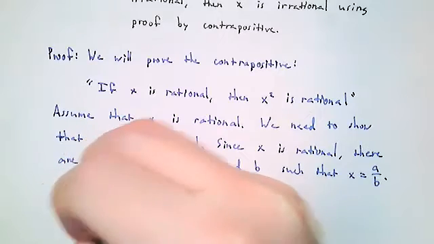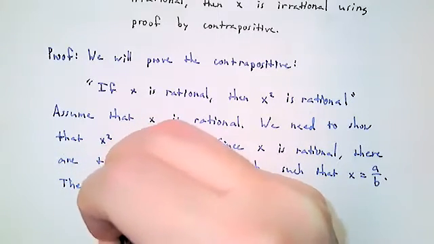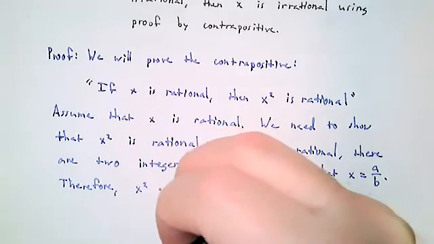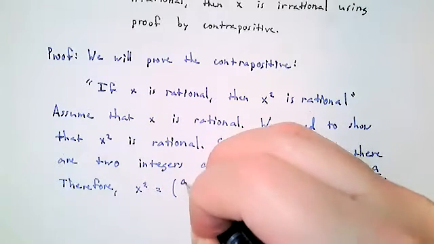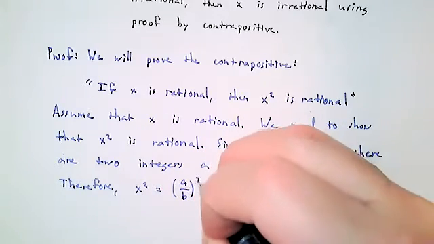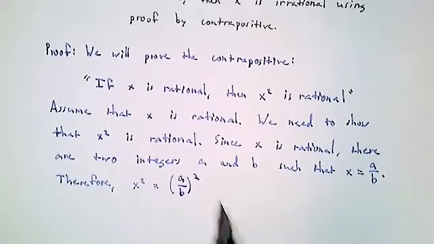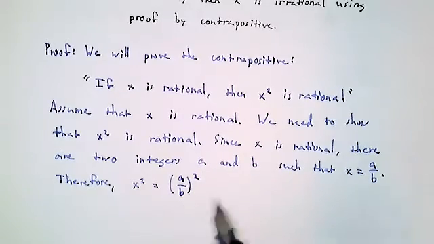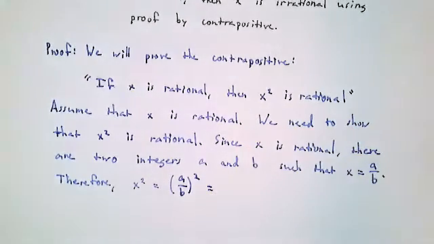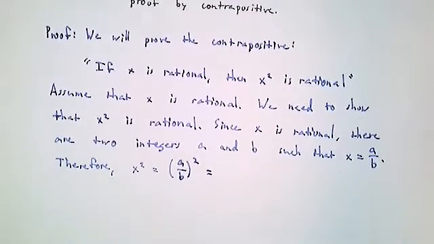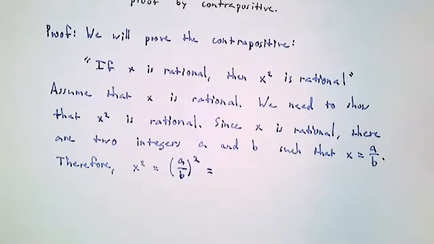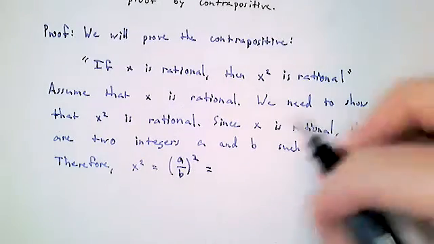So therefore, x squared is equal to a over b, squared. And how do we square a fraction? Can someone remind me? Well, the top and the bottom get squared, don't they?